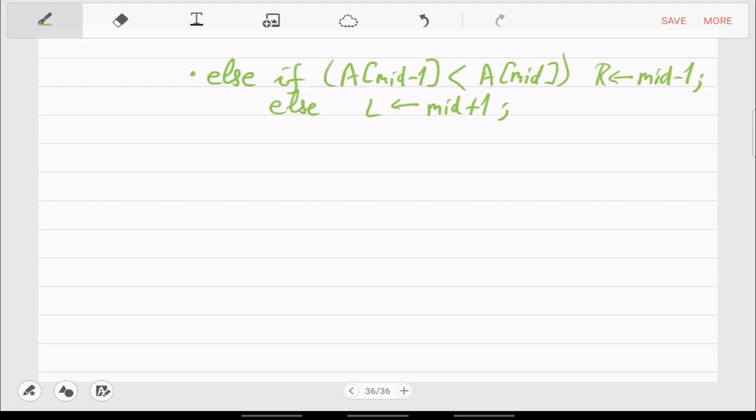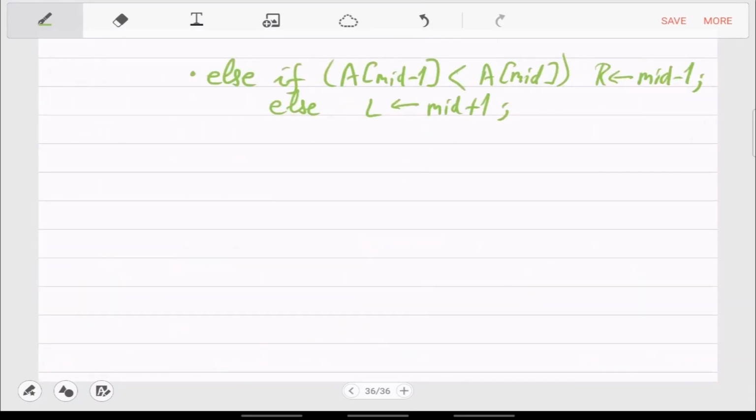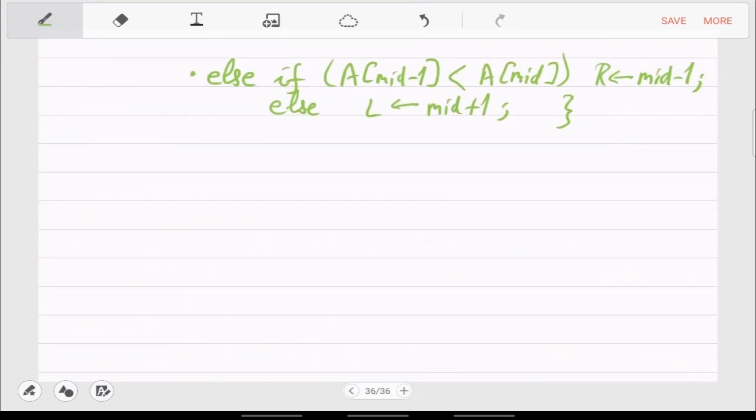Okay, so that ends the while loop. And now you have found the single value. So return A[mid]. That's the local minima.